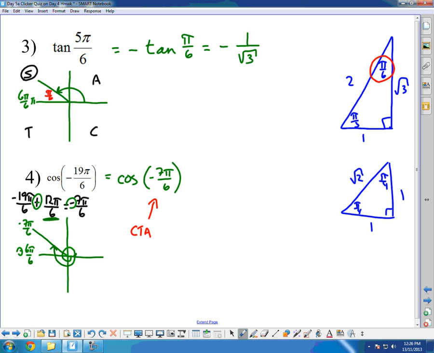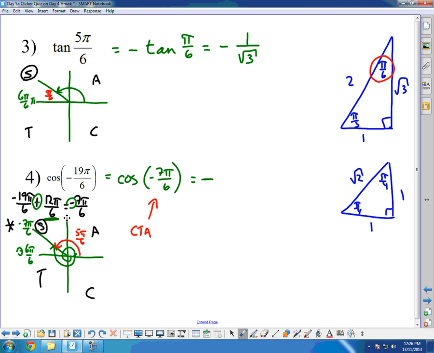You might even be more comfortable describing it in the positive direction and say that it was 5 pi over 6. Doesn't really matter which coterminal angle you use, because your next step is to say, okay, which quadrant am I in? And I'm definitely in this quadrant over here. The CAST rule says sine's positive, so in this quadrant, I need a negative.